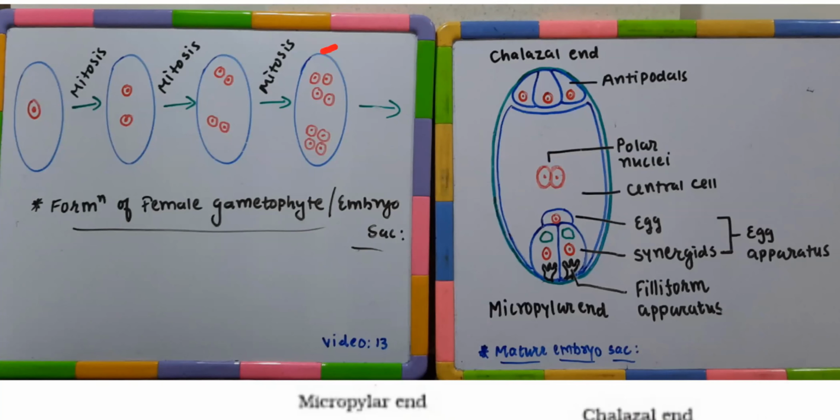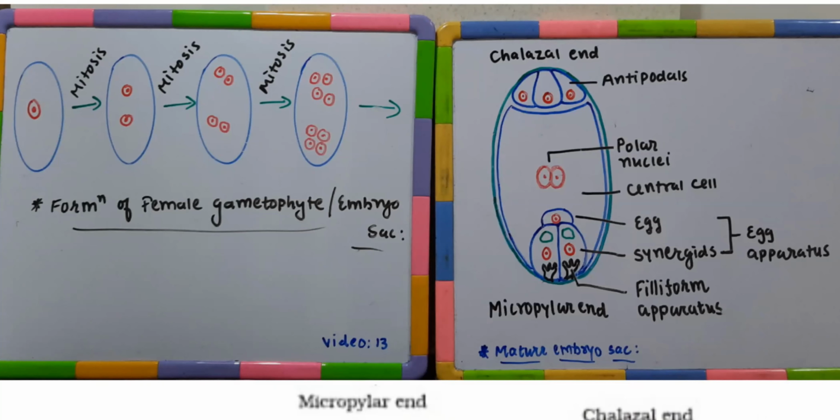When cell wall is laid down around these 8 nuclei, then comes the female gametophyte into existence at the end of that process. That's how the female gametophyte or embryo sac is developed.